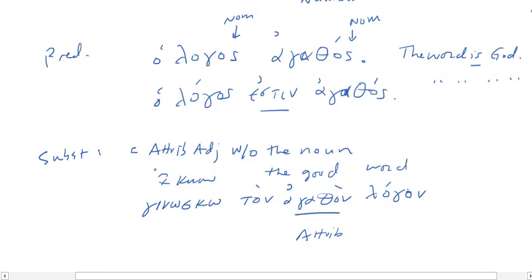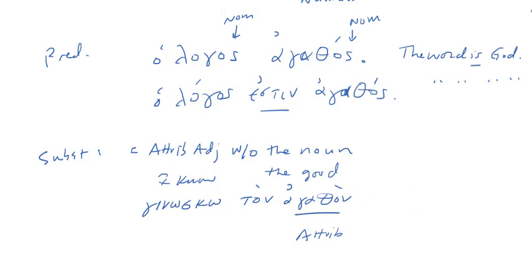But we've said that a substantival adjective is basically an attributive adjective without the noun. So what can I do? I can chop off the noun here, right? And I could end my sentence with ginosko ton agathon. Now what would that mean? How would I translate that in English? I know the good, nothing. What do I do with that? It is implied or related to something. Yes.